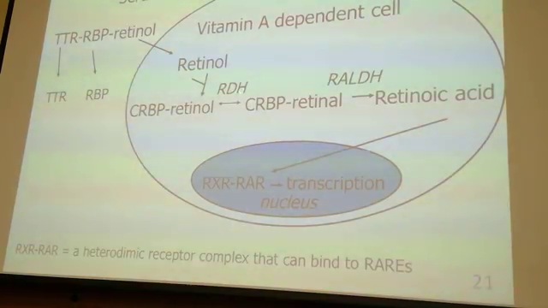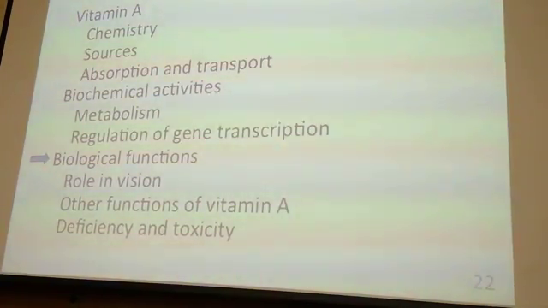We have retinol dehydrogenase converting it to retinal, and then retinal dehydrogenase converting it to retinoic acid. And this is our ligand. So it binds to RAR, and then it influences gene expression in these cells by binding those RAREs. Is this pretty clear? Okay. And this is very similar to the vitamin D. Also has similar effects, right? Through nuclear hormone receptors.